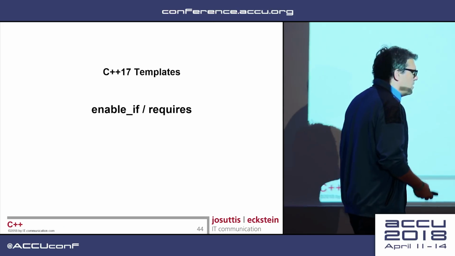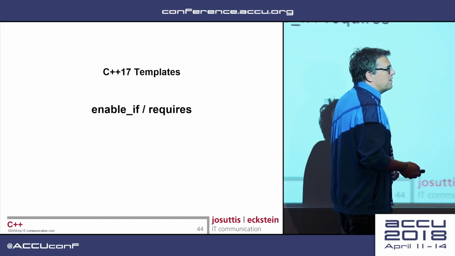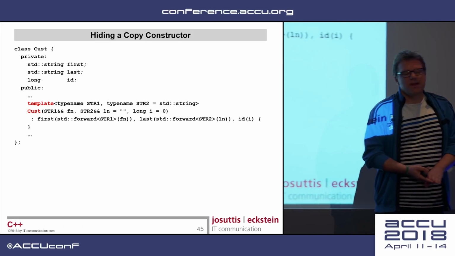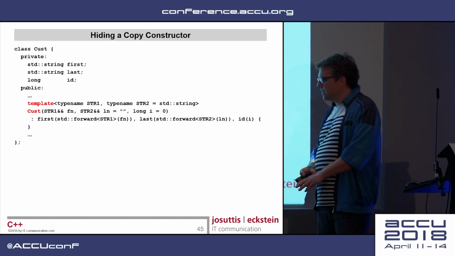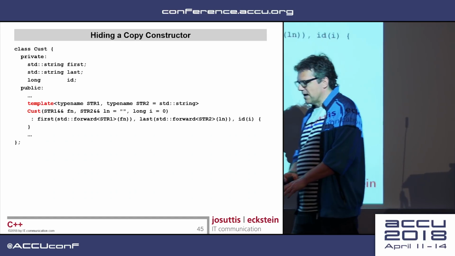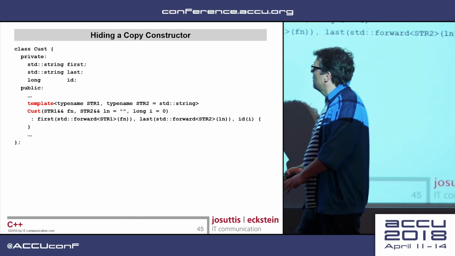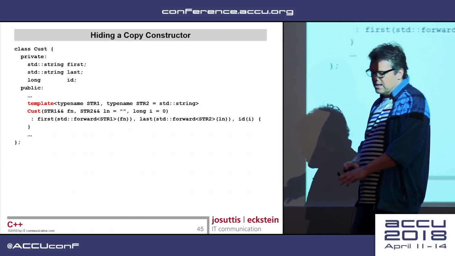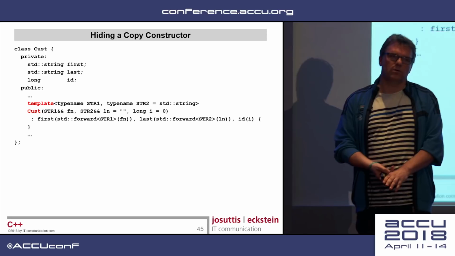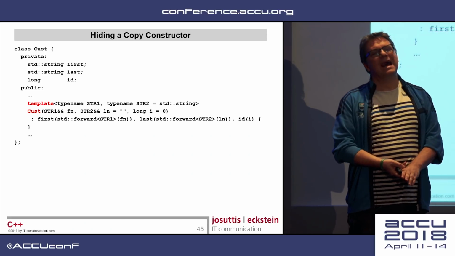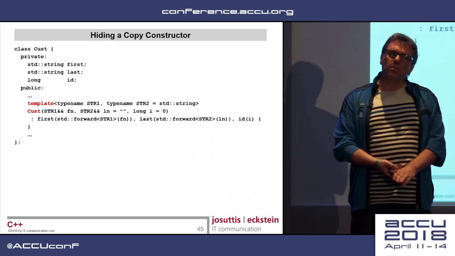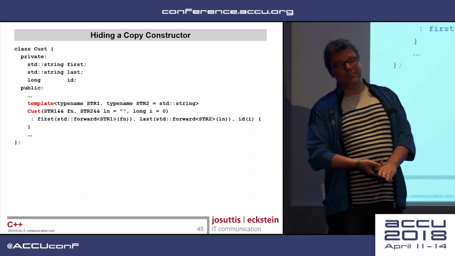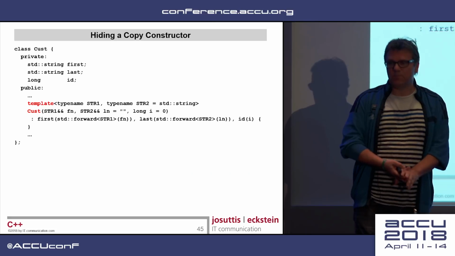Good. Another example of this is enable_if, and here we also have learned something when we switch to templates. Sometimes the rules in the language are really strange. One of the strangest rules is that in general the copy constructor is called unless something else fits better. And normally template code doesn't fit better except when it fits better.